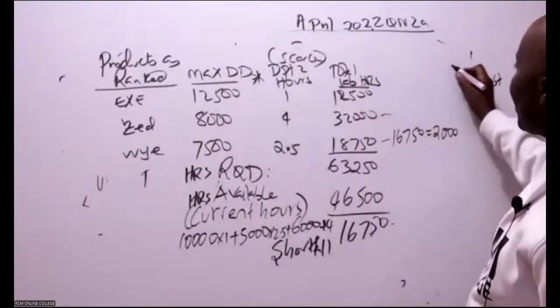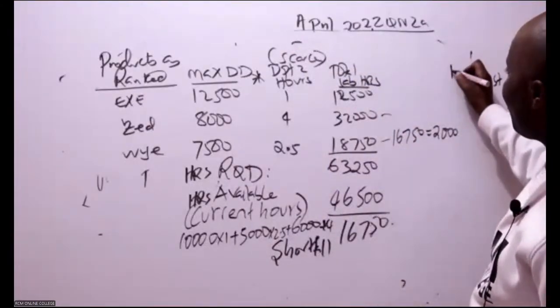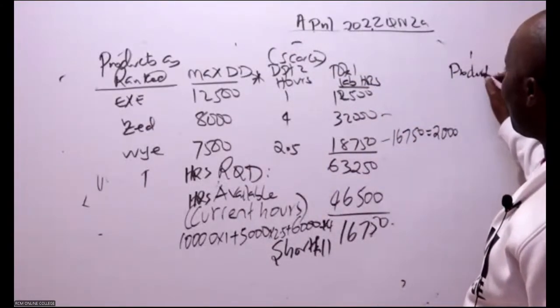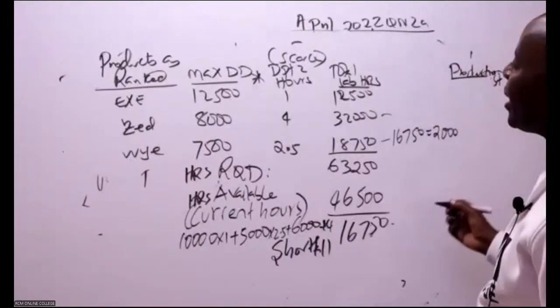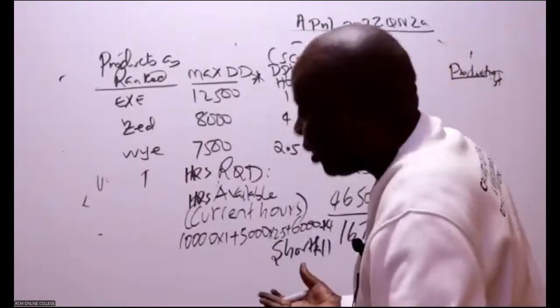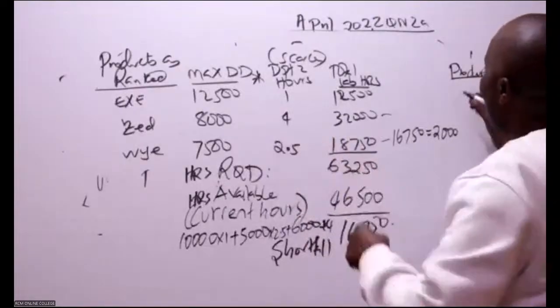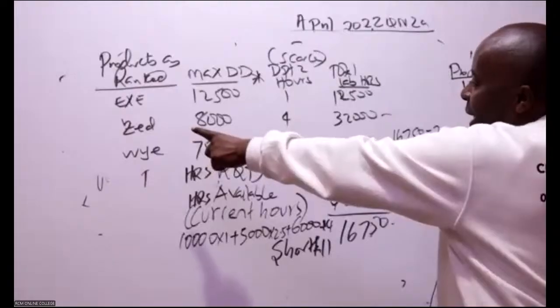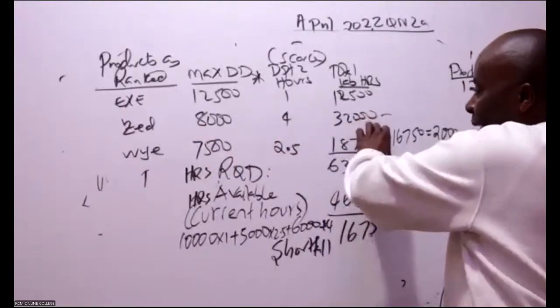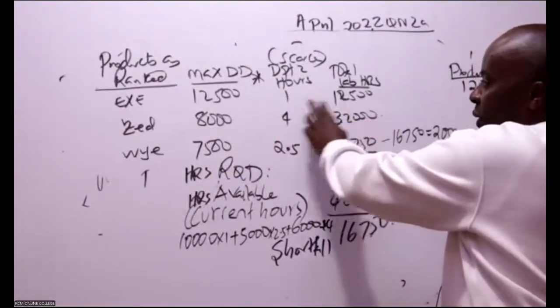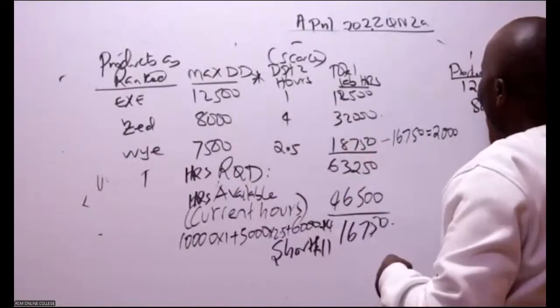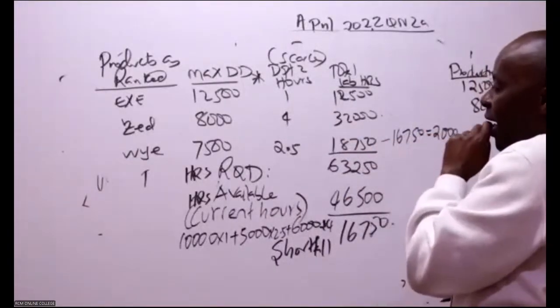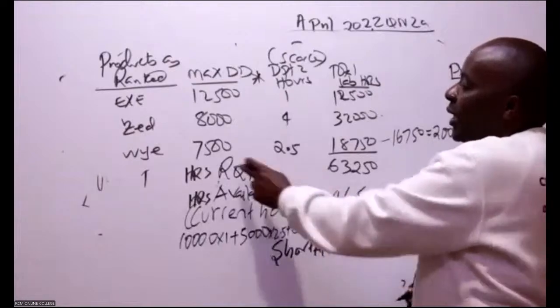So for X, maximum production, I'm not going to reduce anything of X. So for X, I'll produce 12,500. While for Z, again, I'm not deducting any time here. So here I will produce everything, 8,000. But now here, I can't produce 7,500.